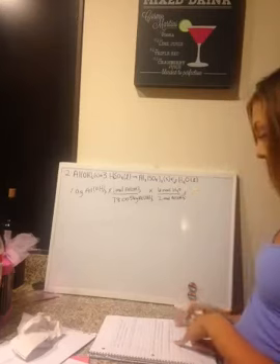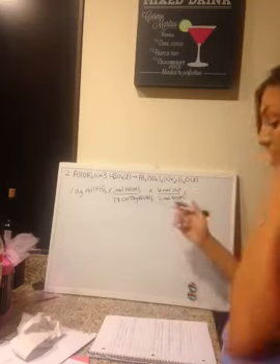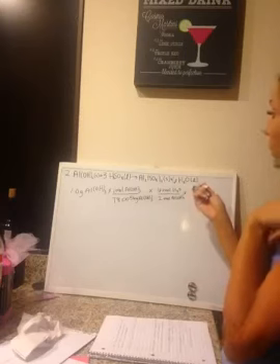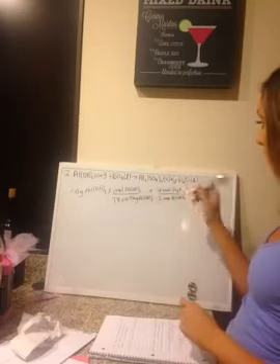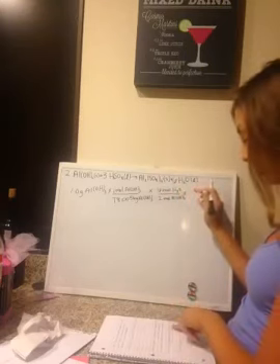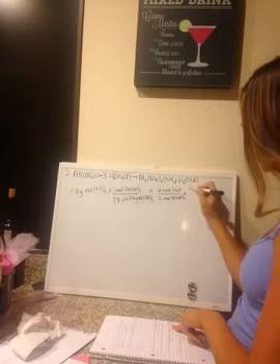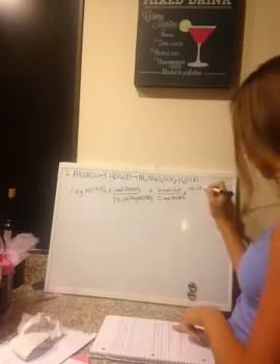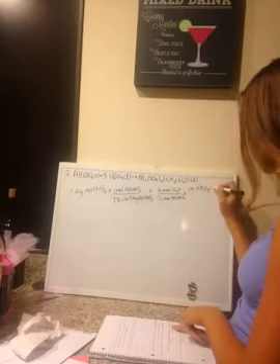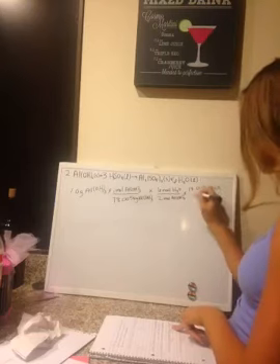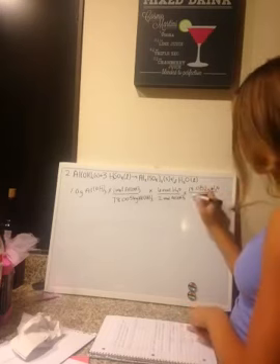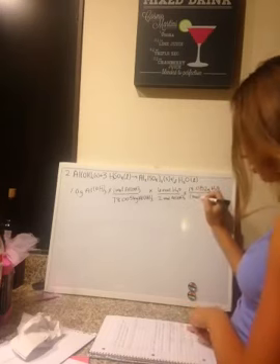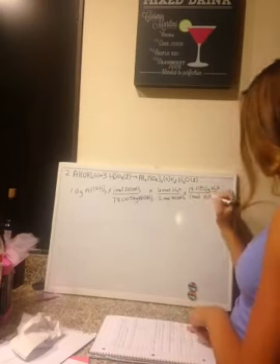And then, since we're trying to find the mass of the H2O, we multiply it by mass of H2O normally. So what that is, 18.0152 grams H2O over 1 mole of H2O.